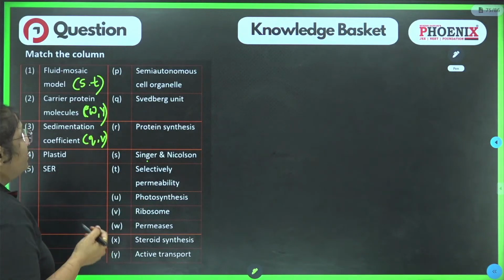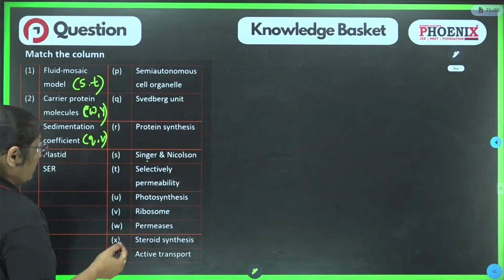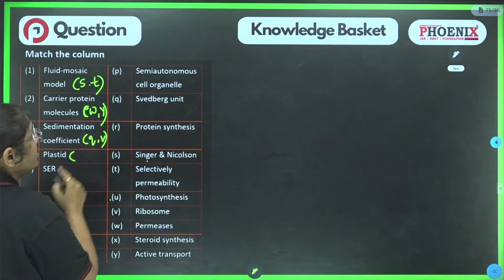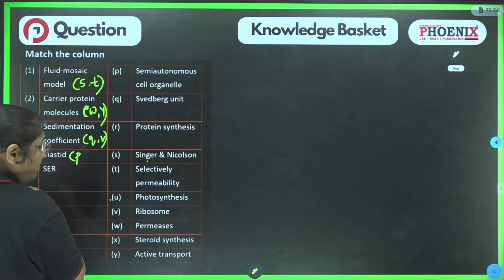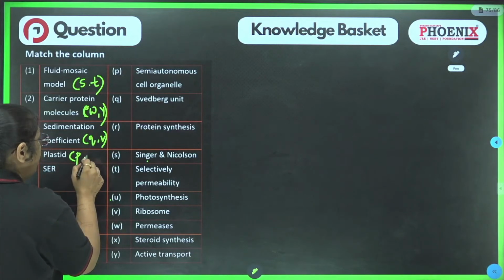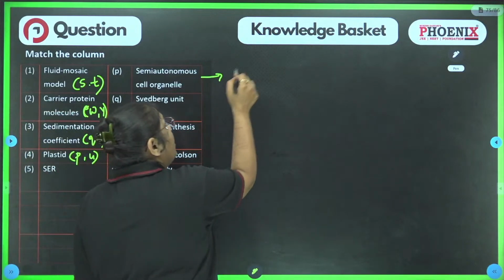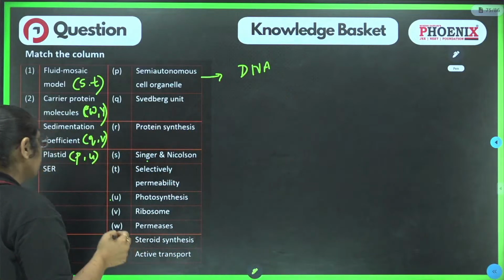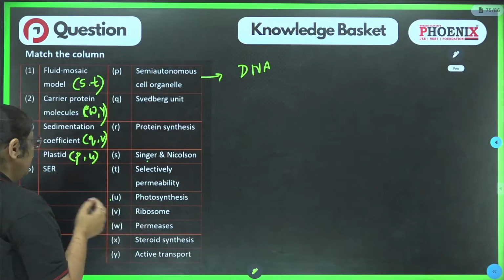Plastid: photosynthesis and semi-autonomous cell organelle, it is P and U. Semi-autonomous cell organelle means they contain their own DNA. So chloroplast is one of them which contains its own DNA.